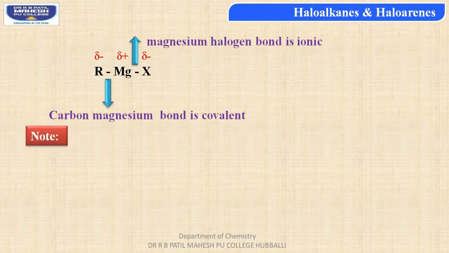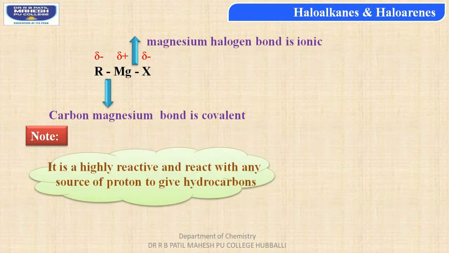Note, the Grignard reagent, students, is highly reactive and it can react with any source of proton to give hydrocarbons. If any proton, H plus ion, is available, the Grignard reagent can react with that proton to form hydrocarbons.